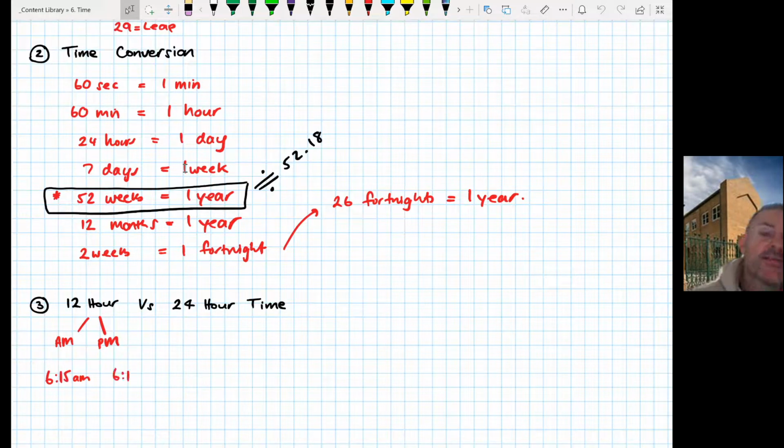Now, the obvious problem with 12-hour time is if you don't put the AM and the PM there, you could have 2 times that are the same. But technically speaking, they're going to be 12 hours apart, right? So which one is it? Is it 6:15 in the morning or is it 6:15 at night? So you have to have this AM and PM attached to those numbers for 12-hour time.